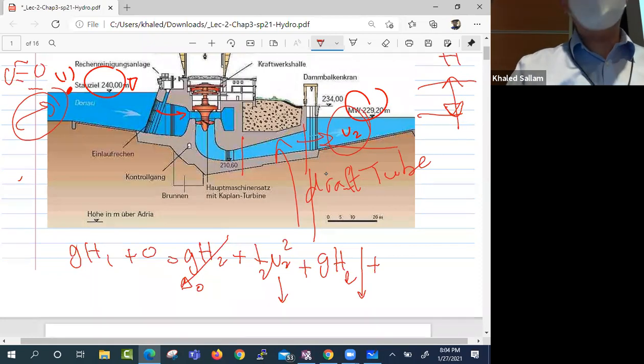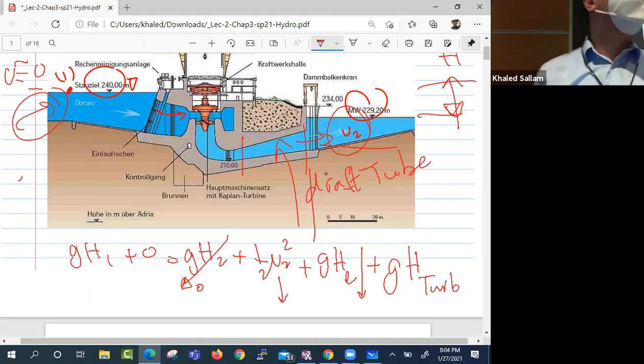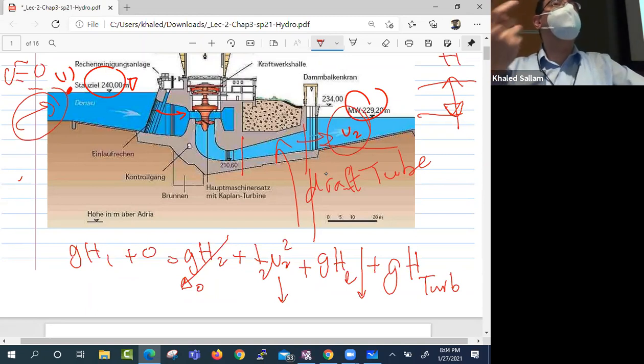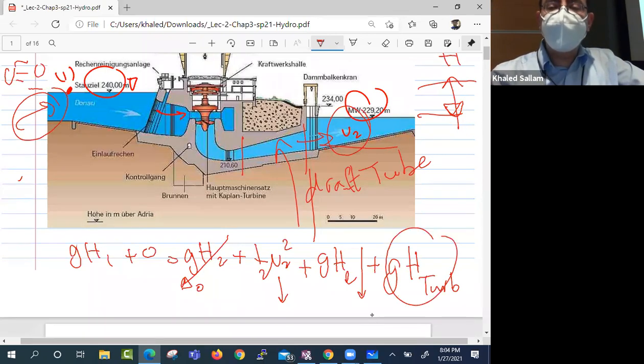Actually, you're going to see that they can express the turbine work in terms of H. So they can call it H turbine or H useful. So again, what is this head? Well, when you multiply by G, that's the joule per kilogram that the turbine has been extracting from you, which happens to be, what is that, GH turbine?